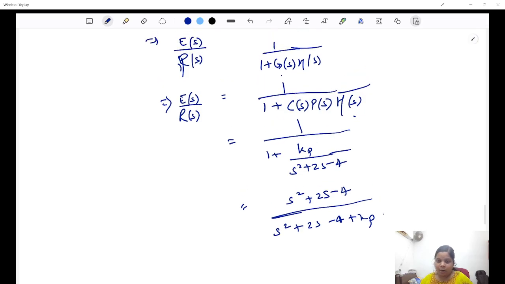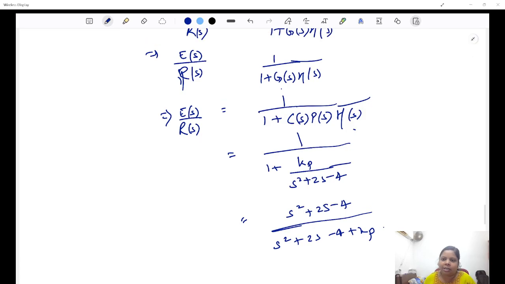We are not finding out YS upon RS. We are finding out ES upon RS, which is 1 upon 1 plus GSHS and not GS upon 1 plus GSHS. I think you have calculated GS upon 1 plus GSHS. That is why. Correct, ma'am. Okay, thank you.